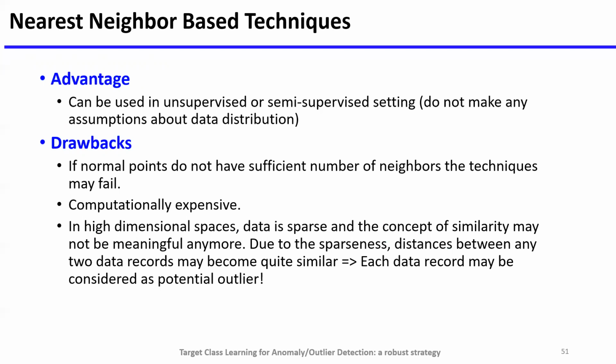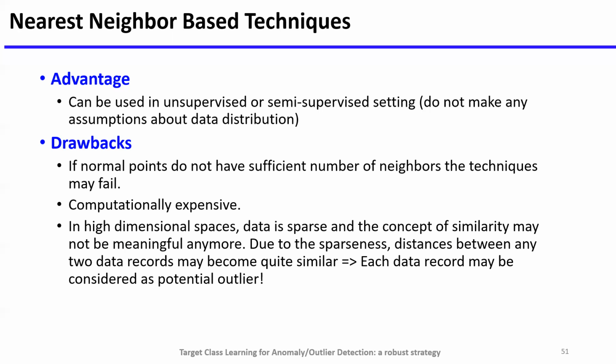Like all the time you need to calculate the nearest neighbor and the distance from the particular cluster. And another difficulty is that it may be a little difficult if we are dealing with high dimensional spaces.